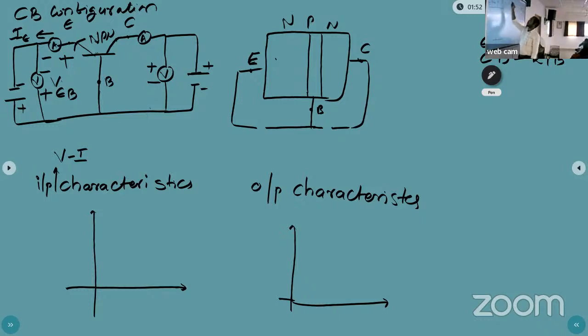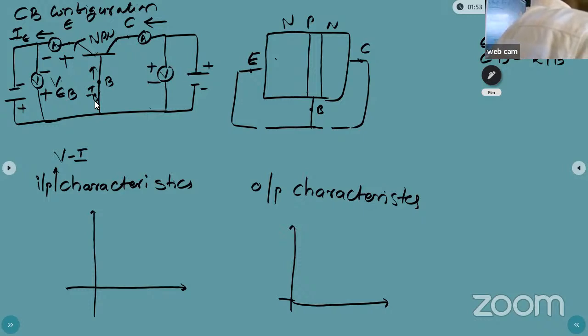Okay, so now the collector current direction is this, and the base current is this. What is the current expression in this circuit? Collector current towards emitter, base current towards emitter.